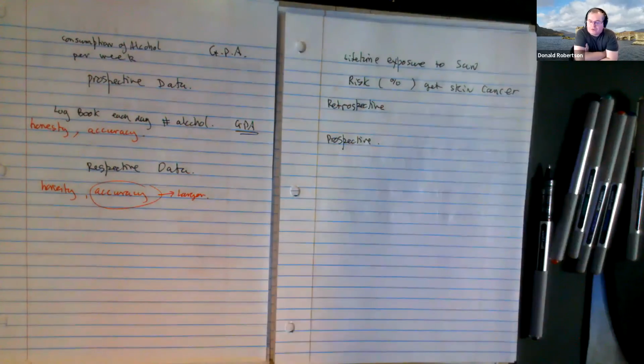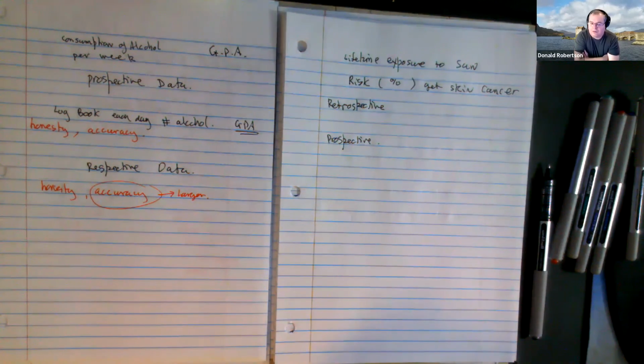right? If you wanted to do a retrospective study, couldn't you just go and find some doctors and get some data on skin cancer, right? Patients who have skin cancer, and then somehow try and imagine their exposure to the sun.